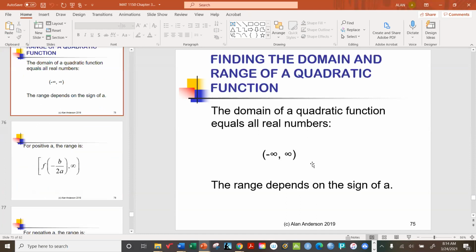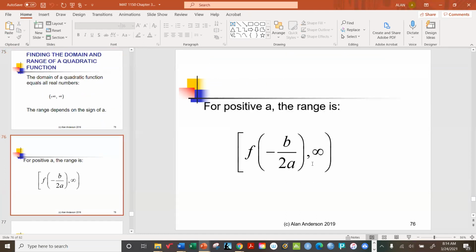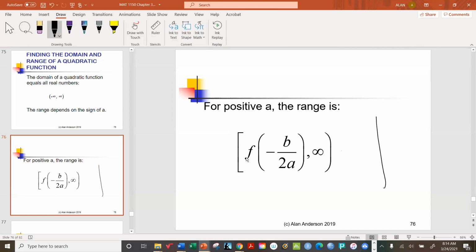Okay, so basically the way you have to think about it is that if a is positive, this means that the parabola is facing up. So let's say whatever this value is, this is my f of negative b over 2a.